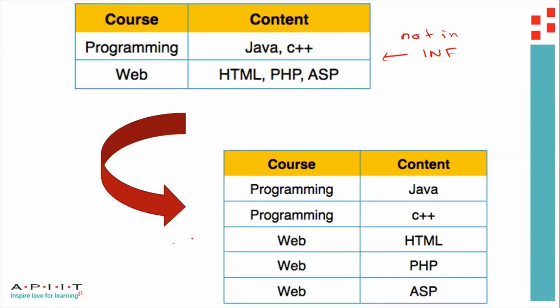Right now this table is in the first normal form. See, domain, just atomic value, indivisible, just one value: programming, just one value, Java; programming, C++. Any problem?